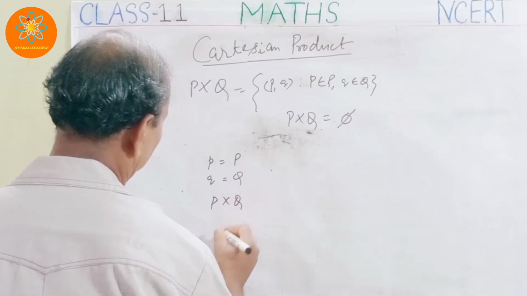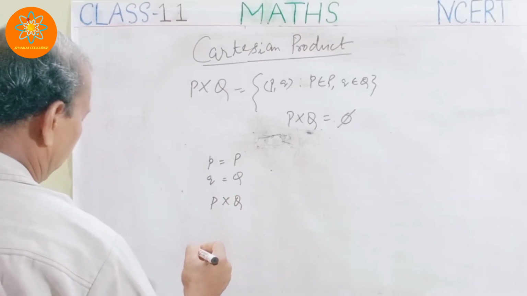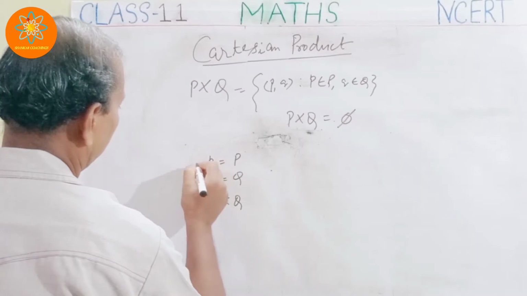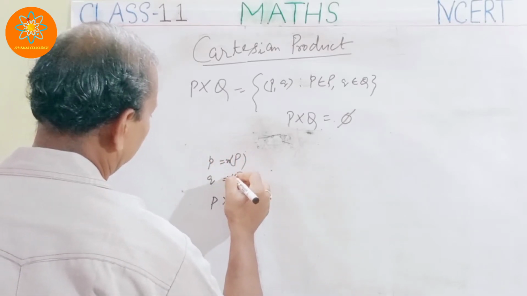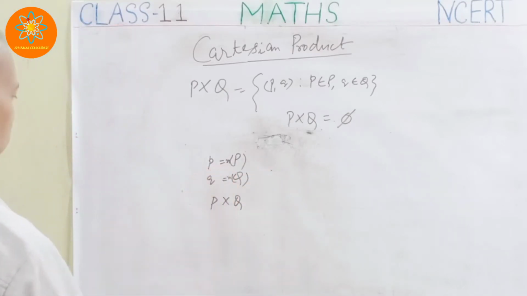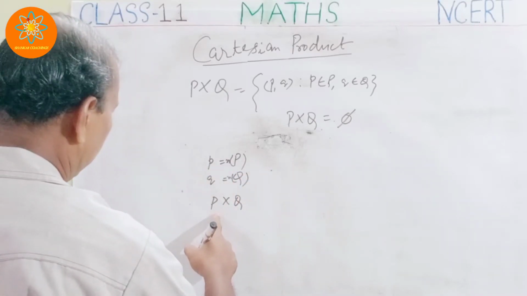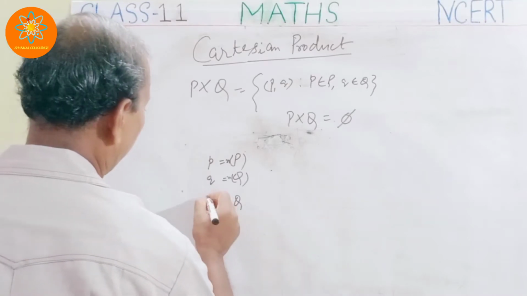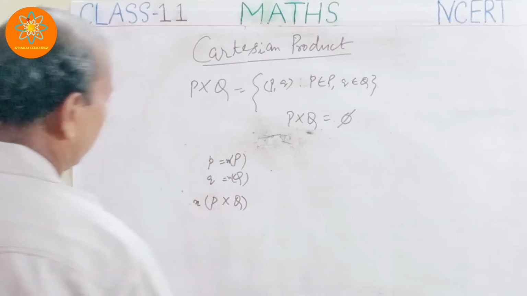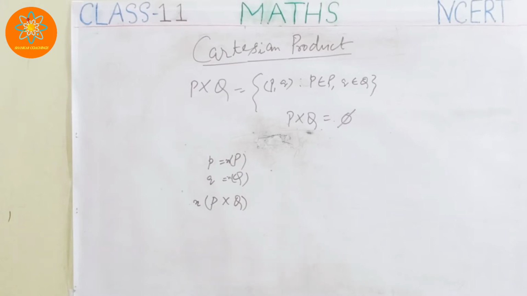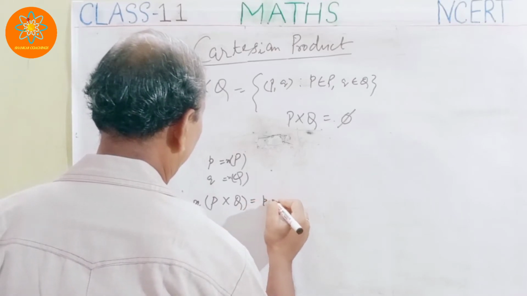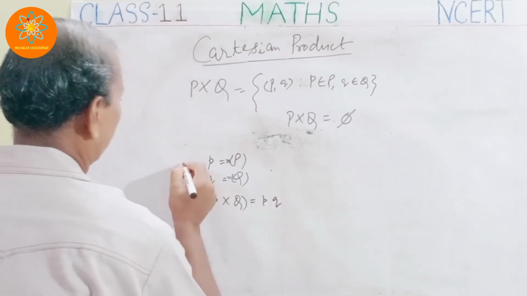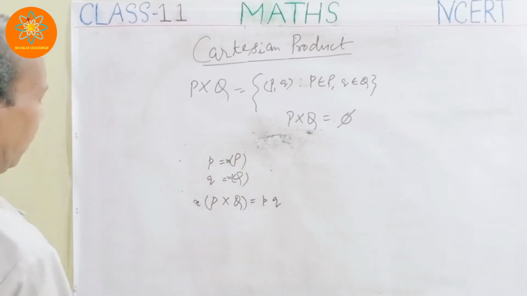Suppose I want to find the number of elements in P cross Q. So the number of elements in P cross Q is equal to p into q.